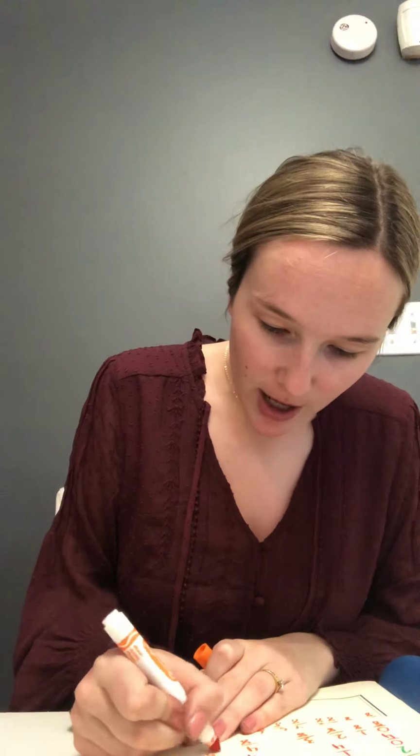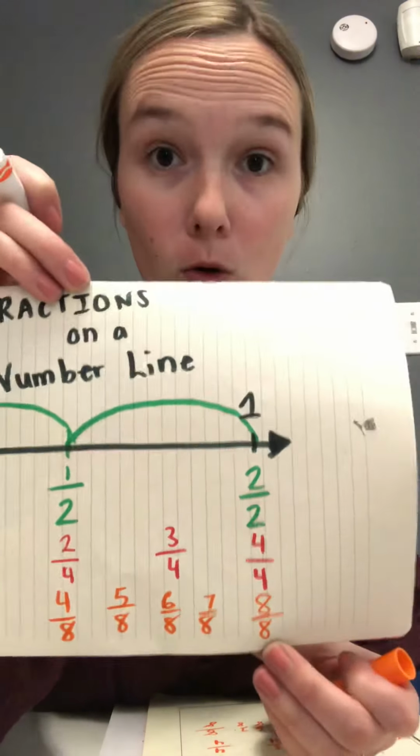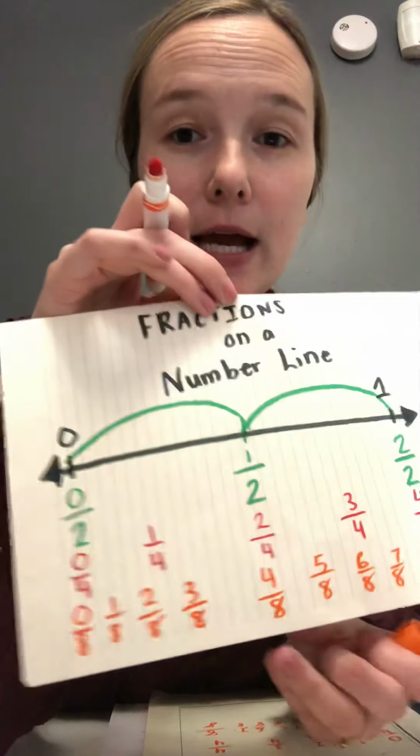And then I'm gonna go 5 out of 8, 6 out of 8, 7 out of 8, and then when I get to the 1 on my number line, it's 8 out of 8 because the whole pizza was covered. All 8 pieces were covered. So it's 8 out of 8.